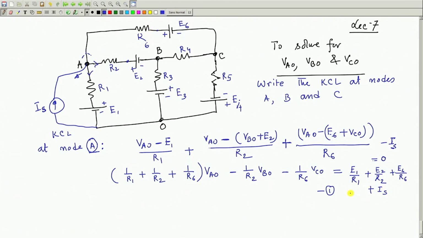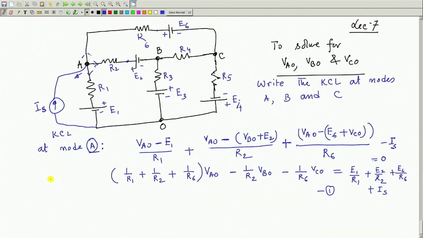Therefore, this will be the first equation. Similarly, following this logic, of course, this I have written by rigorously writing each term from the fundamental things.